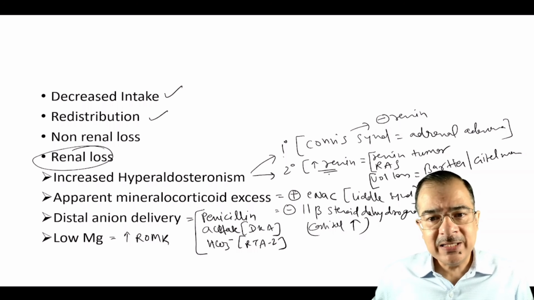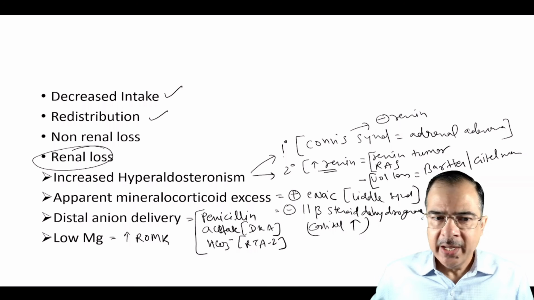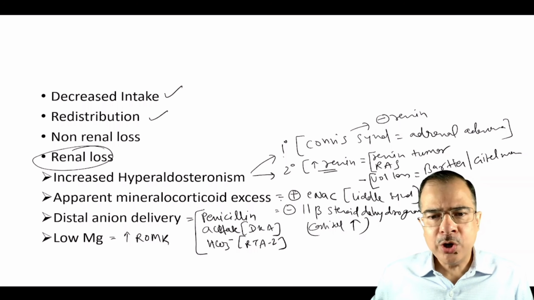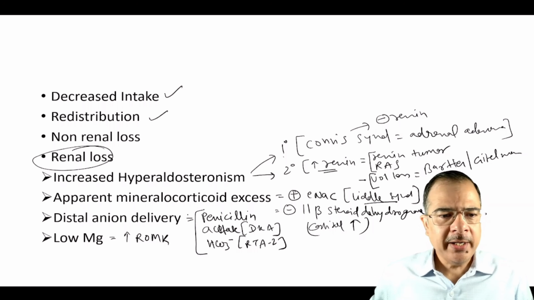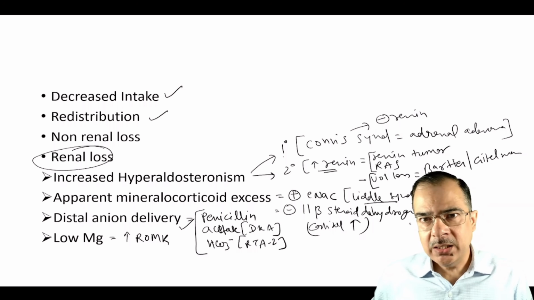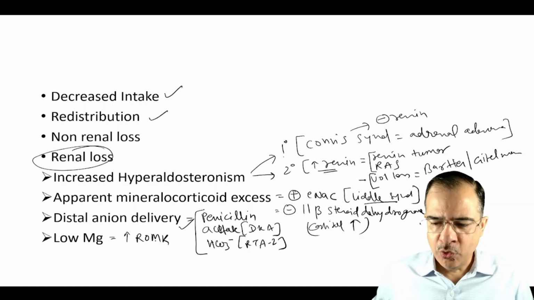Secondary causes, renin levels are high, and it will be a hypertensive state like renin tumor or renal artery stenosis, or a hypotensive state like volume loss. It could be apparent mineralocorticoid excess like Liddle syndrome, or a congenital syndrome like SAME, syndrome of apparent mineralocorticoid excess, or it can be distal delivery of non-reabsorbable anions, or it could be low magnesium.